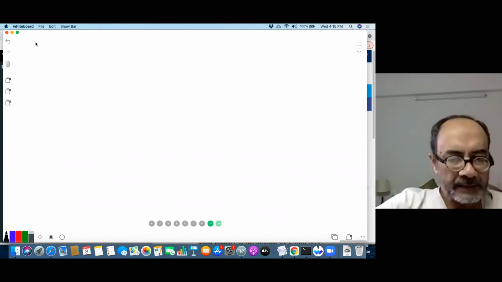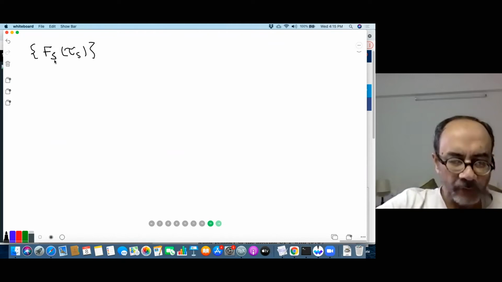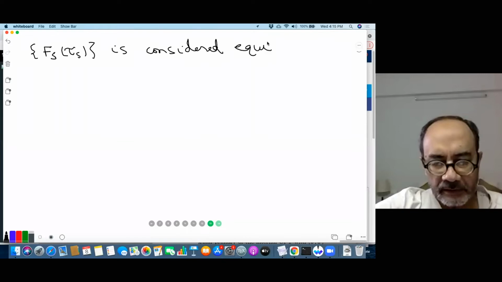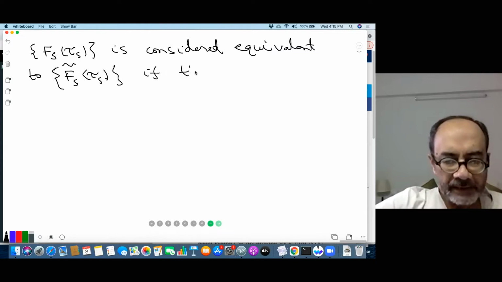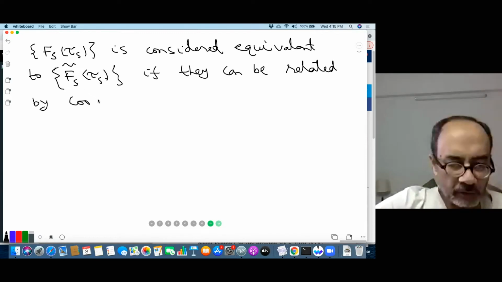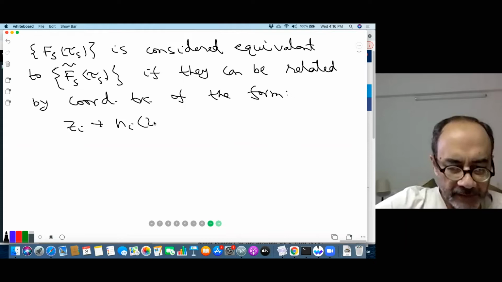So consider the equivalence class. If you take a set of functions Fs of sigma s, one for each circle, this is considered equivalent to a different set of functions, Fs tilde, if they can be related by a coordinate transformation of the form zi goes to some arbitrary function h of zi, which should be one to one on Si.